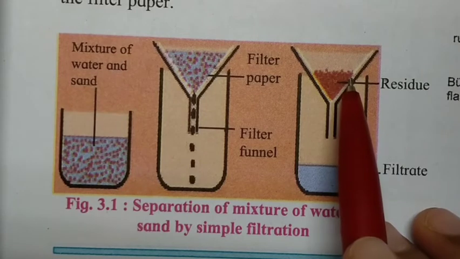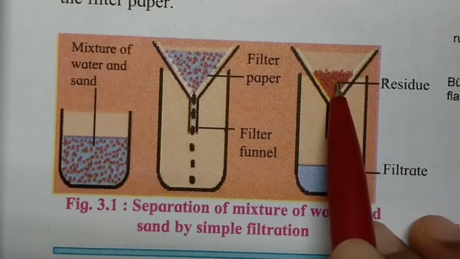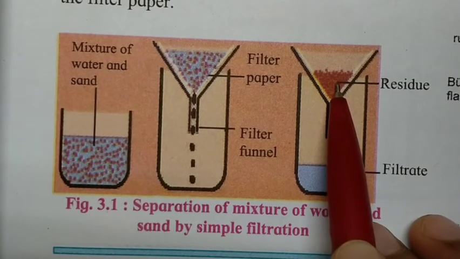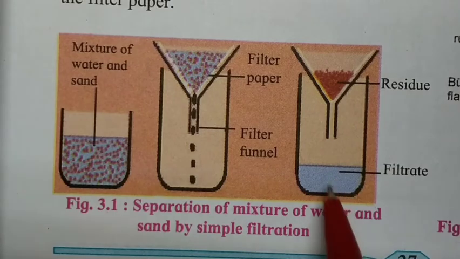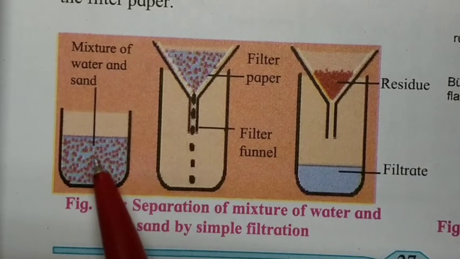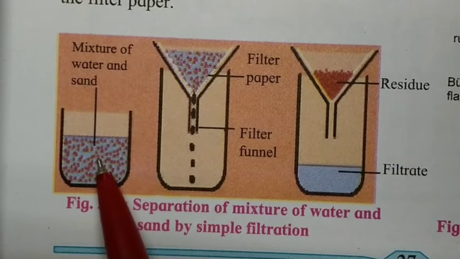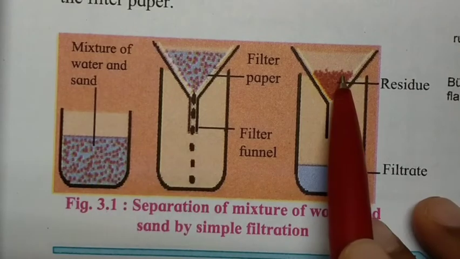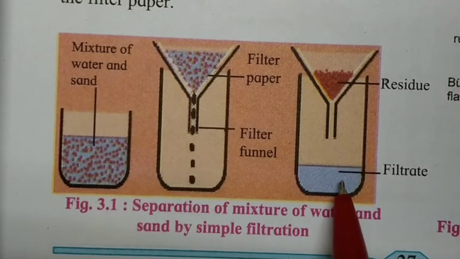The insoluble part remaining on the filter paper is called the residue, and the liquid collected in the beaker is called the filtrate. So in the mixture of water and sand, sand is the residue and water is the filtrate.